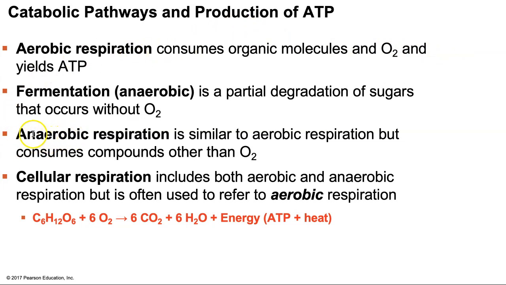Anaerobic, an means without, so without oxygen. In anaerobic respiration, again, we're going to be consuming compounds because that's what we eat. Other organisms also need to take in compounds to break them down for energy, but anaerobic respiration doesn't require oxygen.